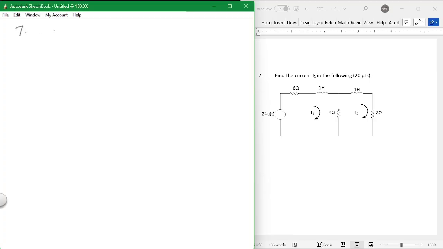So for this one, around the first loop, it's minus 24 over S plus I1 times 6 plus S plus 4, plus I2 times minus 4 is equal to 0.